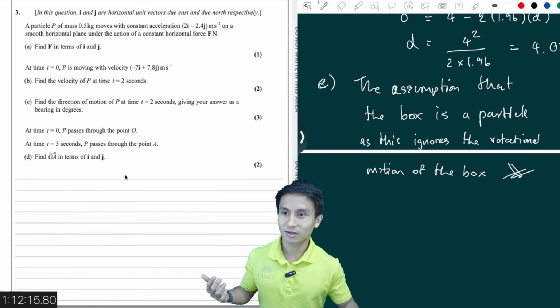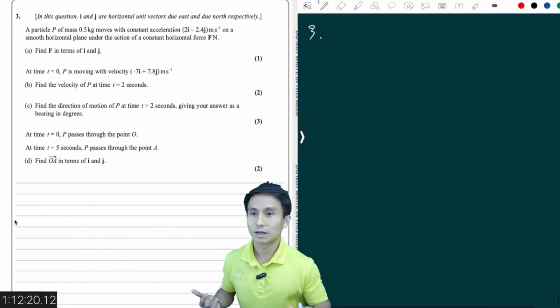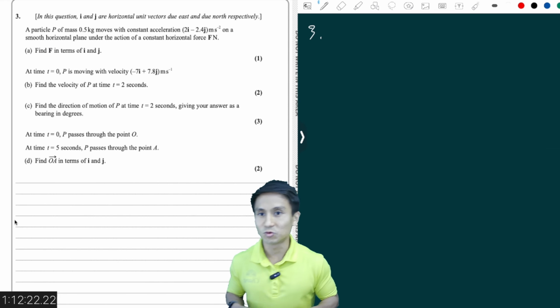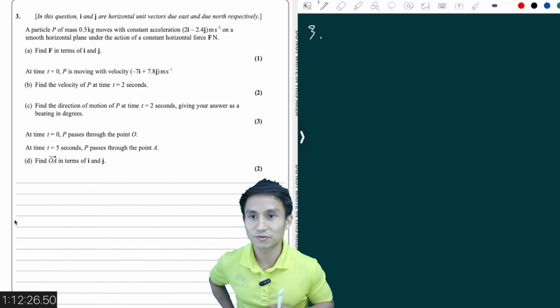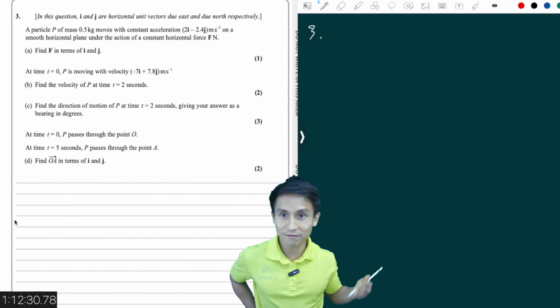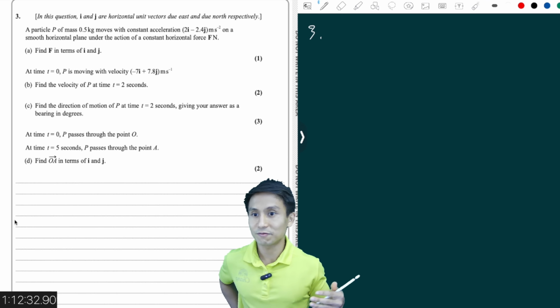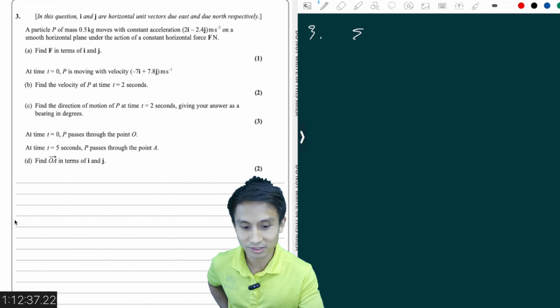Next, question 3. A particle of mass 0.5 moves with constant acceleration on a smooth horizontal plane under the action of a constant horizontal force F. Find F in terms of i and j. Well, F equals ma, of course.